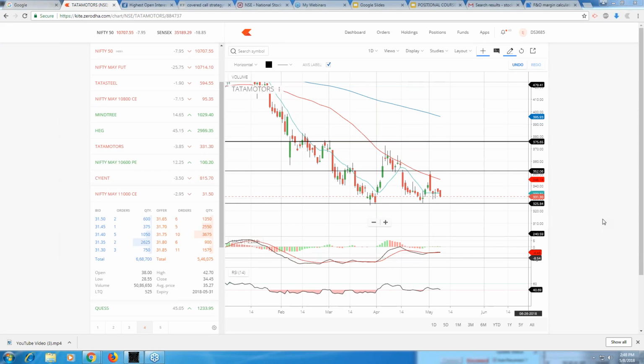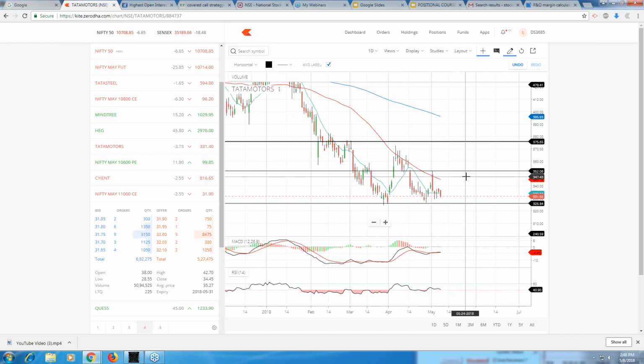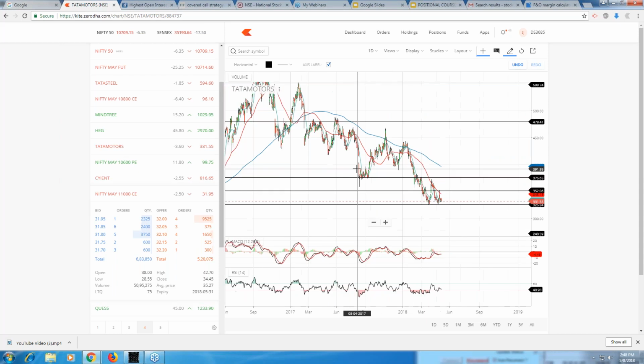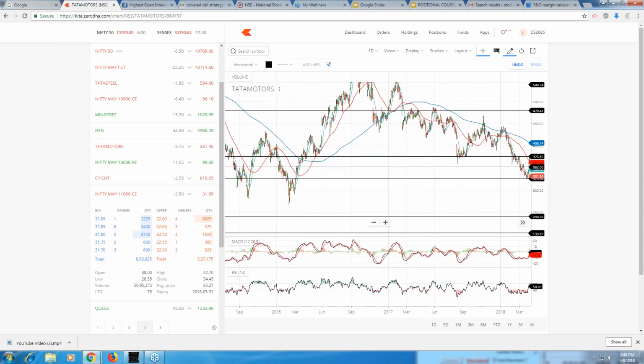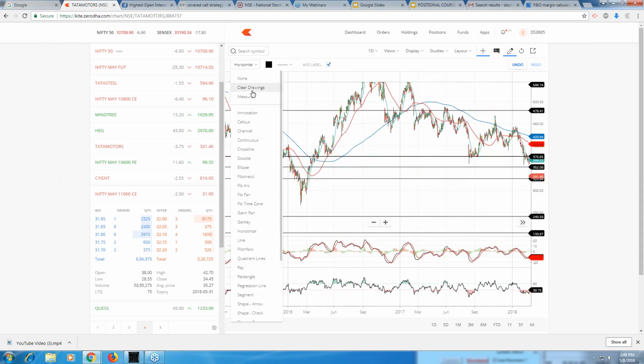So every time, just let me conclude it. Whenever I need to trade in a stock, I definitely look for its recent supports and resistances, or whether in the past there was a resistance. So see here, as I told you, this particular region has behaved as a support in the past, 352. It's not necessary that it stays a support.